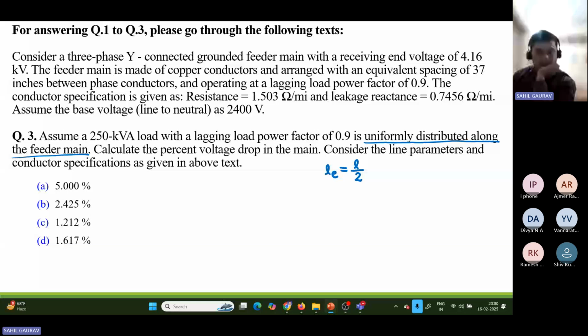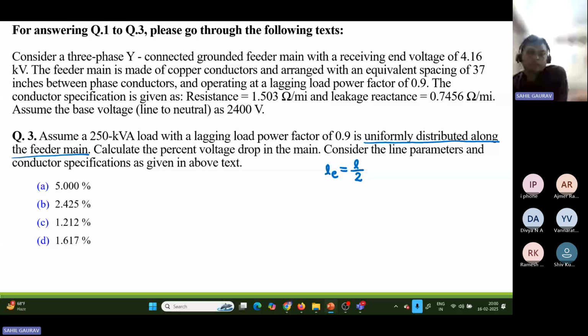But this is for a single feeder, that's why you take L by 2. Suppose you have a square-shaped substation service area or a hexagonal-shaped one, where each feeder provides a triangular service area, then L effective will be 2L upon 3.